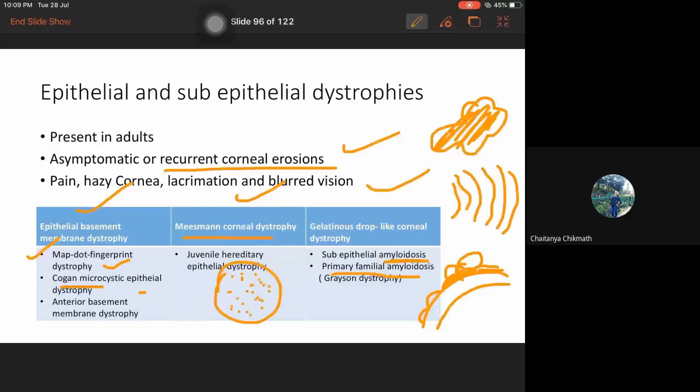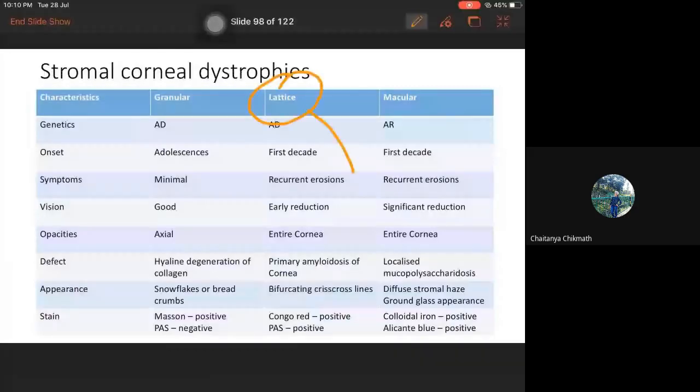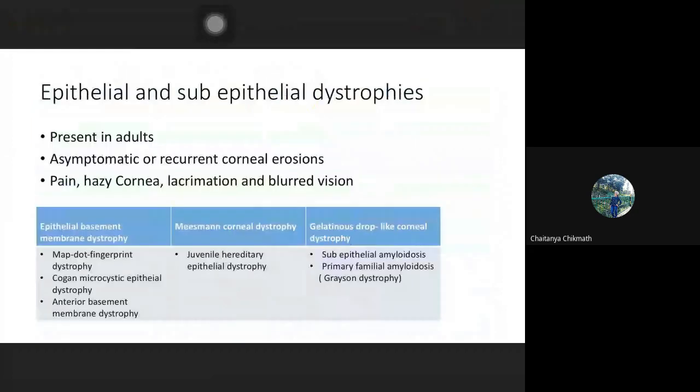Among the dystrophies, there are two forms of localized amyloidosis: one is gelatinous drop-like corneal dystrophy, and the other is lattice dystrophy. Other names are subepithelial amyloidosis, primary familial amyloidosis, or Grayson's dystrophy.